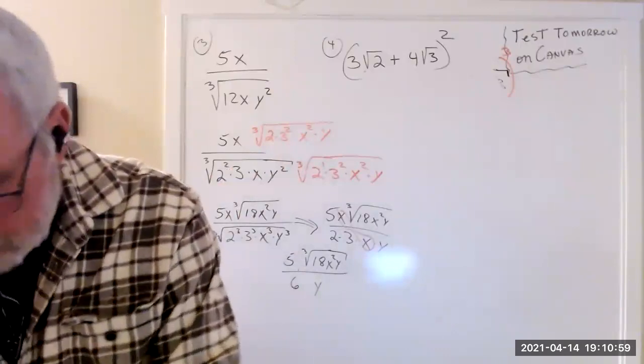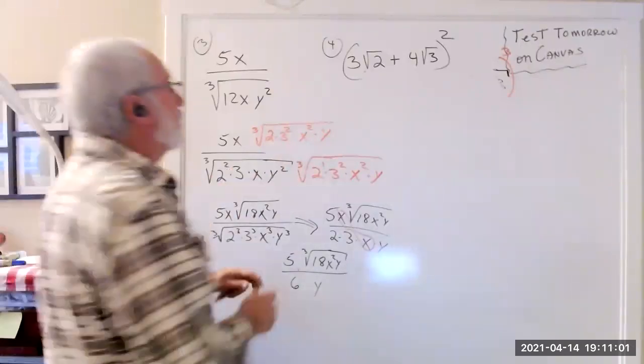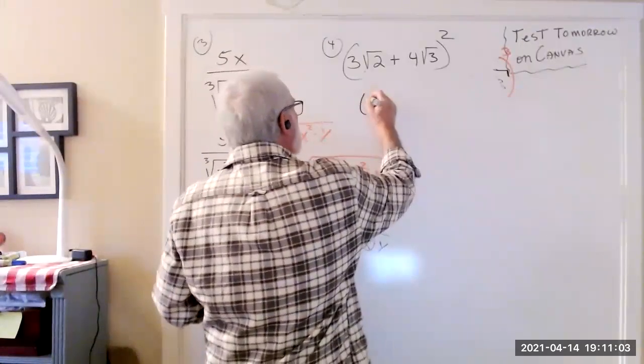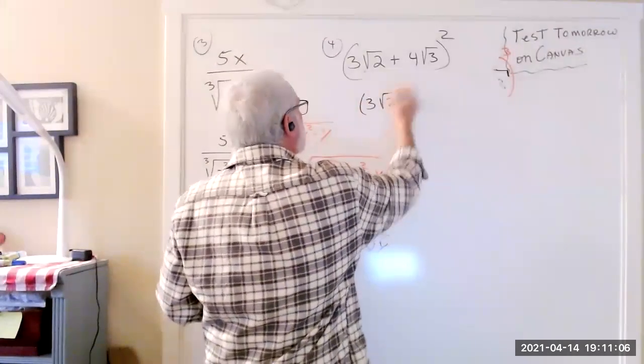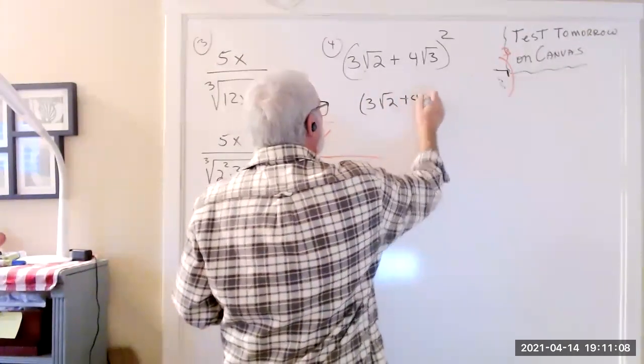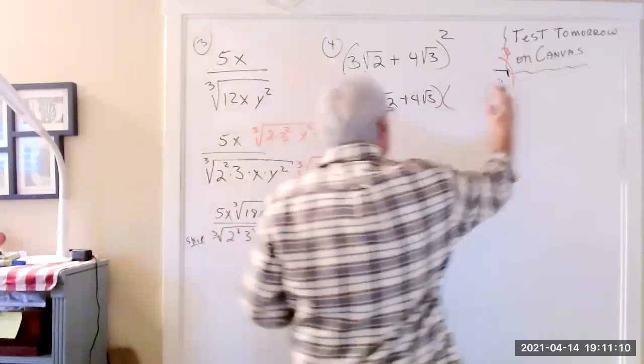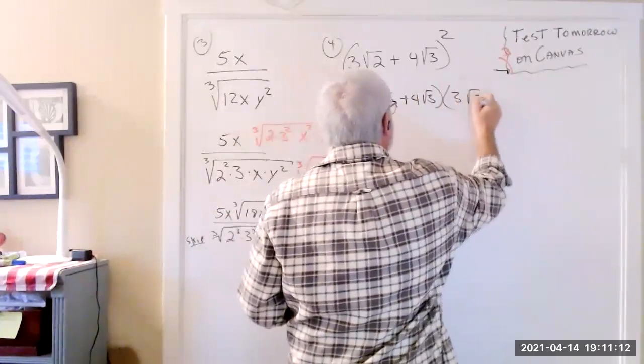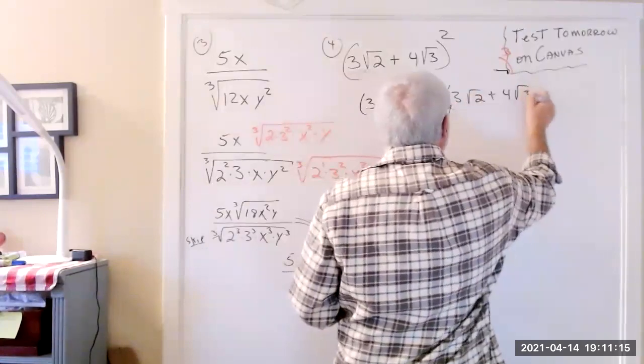Okay, then this one, you have to write it twice, 3 radical 2 plus 4 radical 3 times itself, 3 radical 2 plus 4 radical 3.